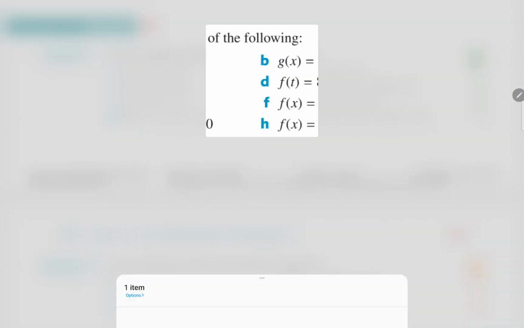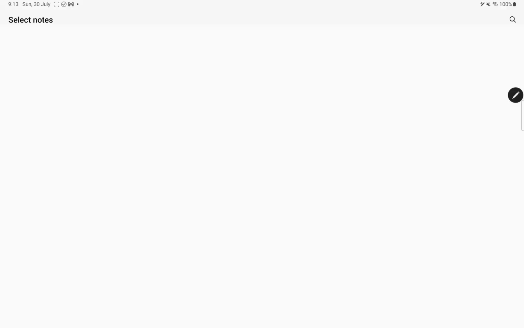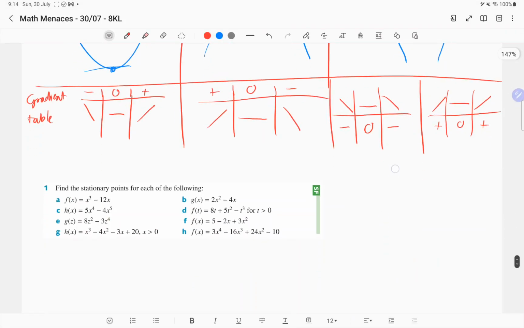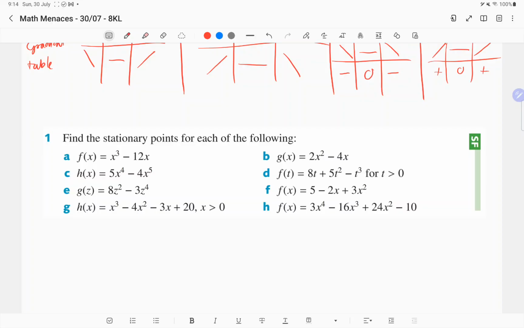The one I want you guys to try out is question 1A, 1C, and 1H. Alright, it's these 3 questions here.